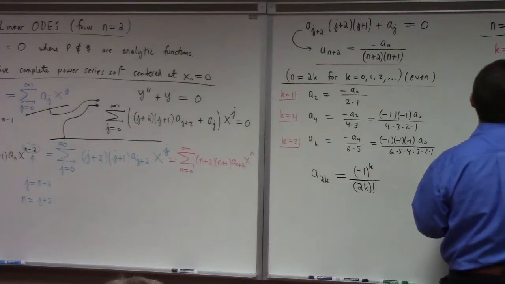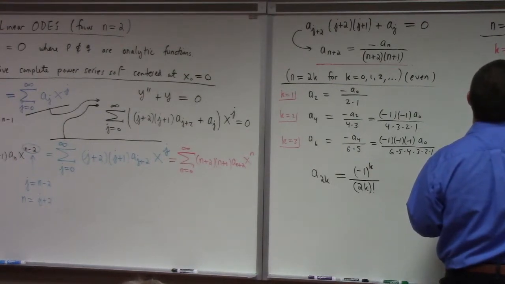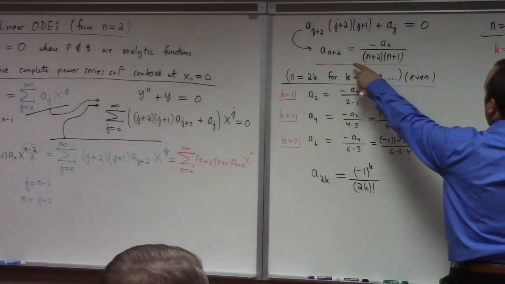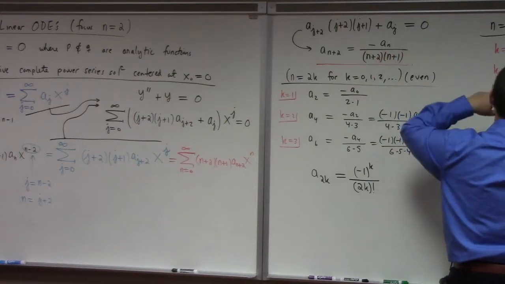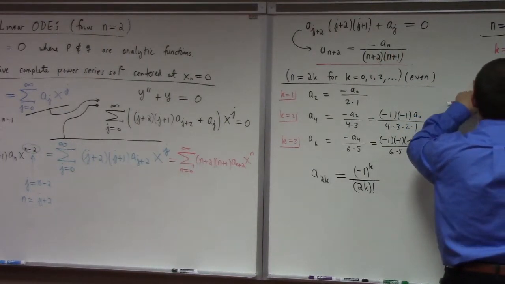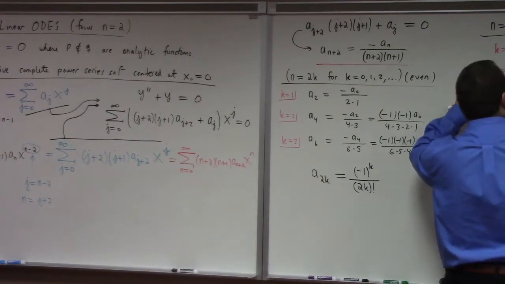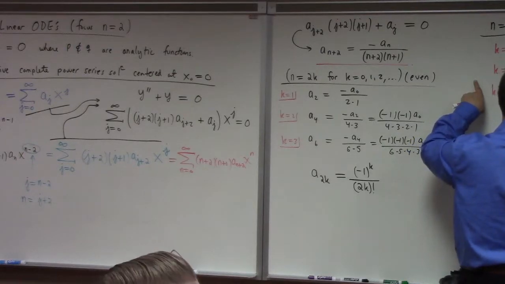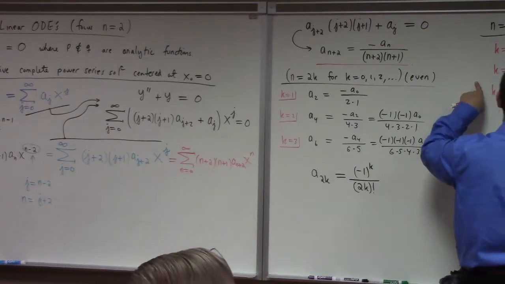K equals 1, I've got a sub 2 plus 1, which is 3. Again, going back to here, minus a1 divided by 3 times 2. A sub 5 is minus a sub 3 over 5 times 4, which is minus 1 times minus 1 times a sub 1 over 5 times 4 times 3 times 2 times 1, right?